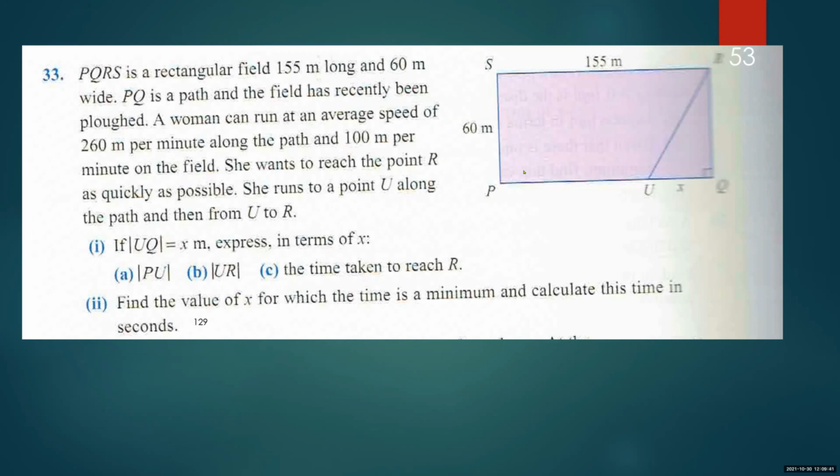In the last question, the variable we used was r, the radius of the cylinder. In this question, it's x, the distance from U to Q. And then finally, once we've figured out the length of PU and UR in terms of x, and the time taken to reach R in terms of x, then we can find the minimum time. So let's start.